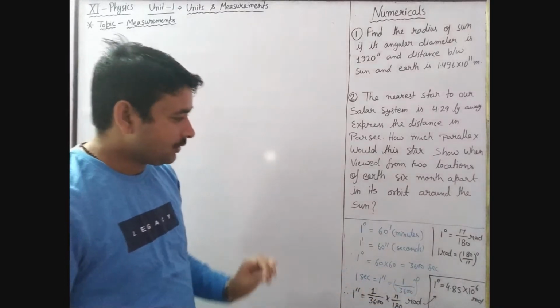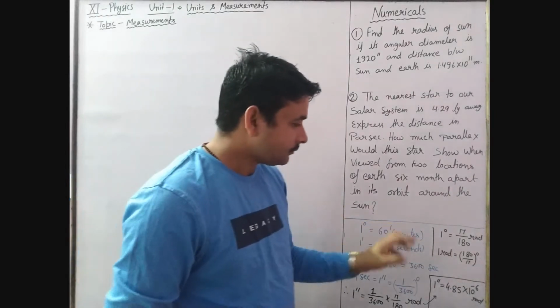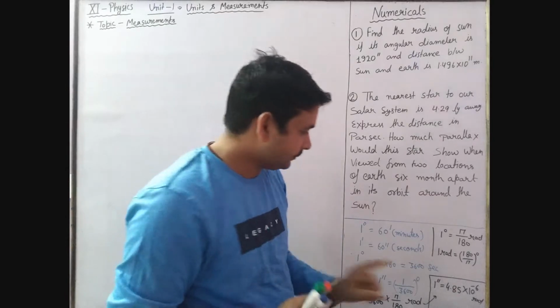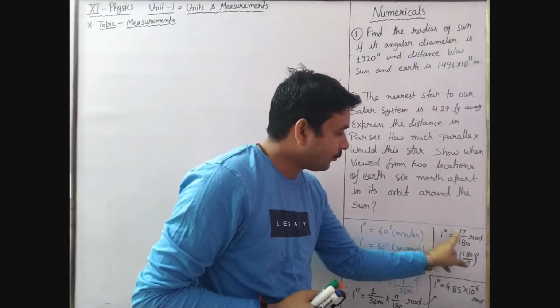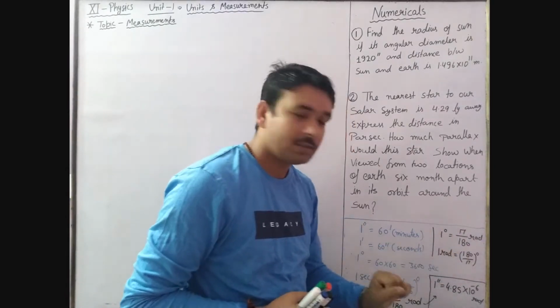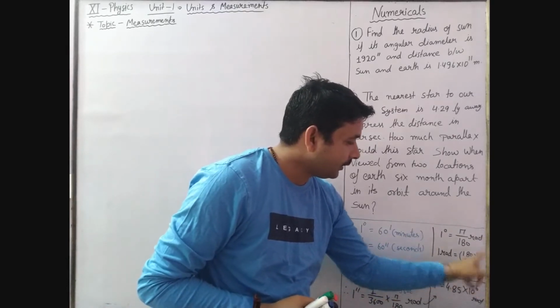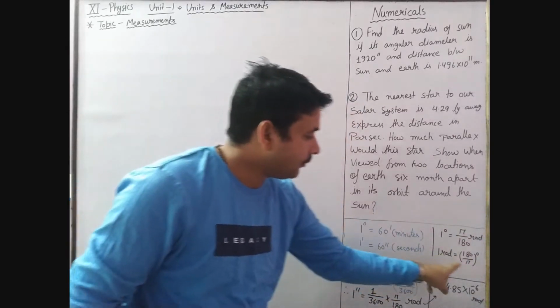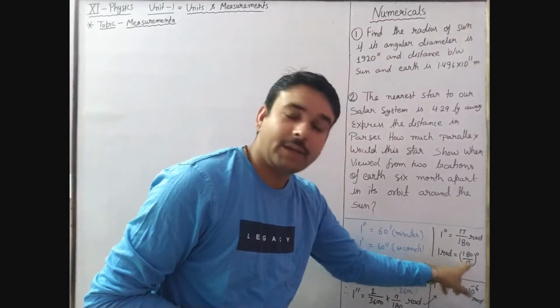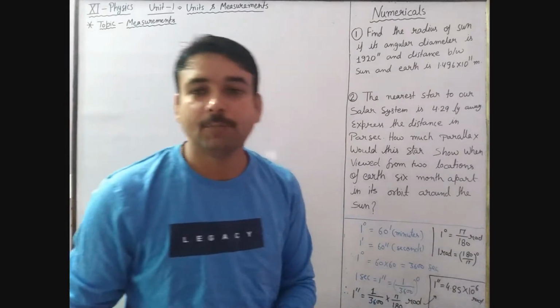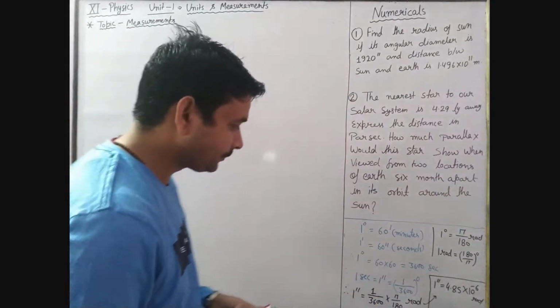Now the second concept is, as per the conversion of degree and radian, 1 degree is equal to pi by 180 radian. Therefore 1 radian is equal to 180 by pi degree. Here we use the value of pi as 22 by 7, or 3.14.